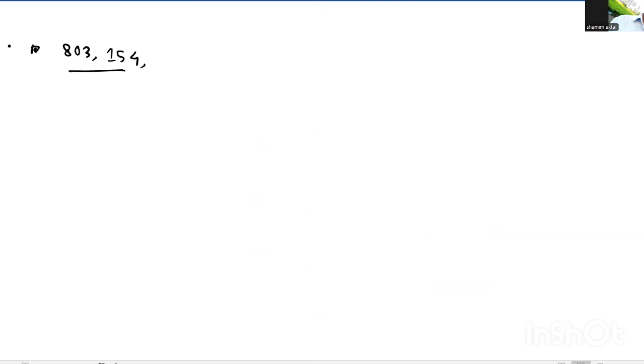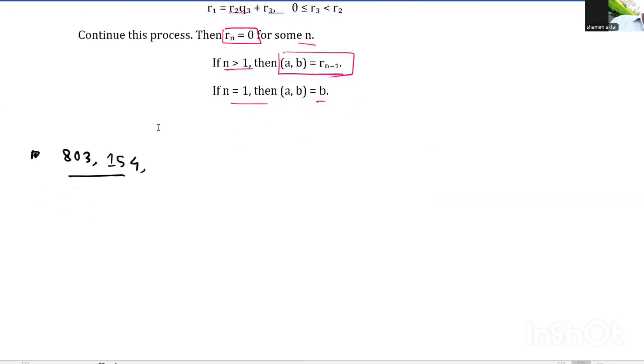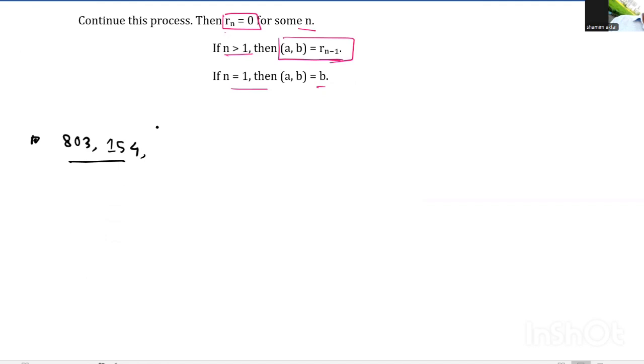Now applying the Euclidean algorithm, the first step is to write 803 as a multiple of 154 plus some remainder. So 803 equals 154 times 5 plus 33.